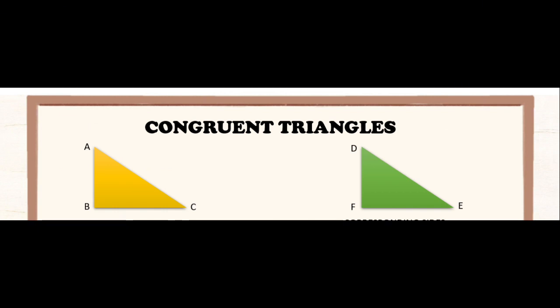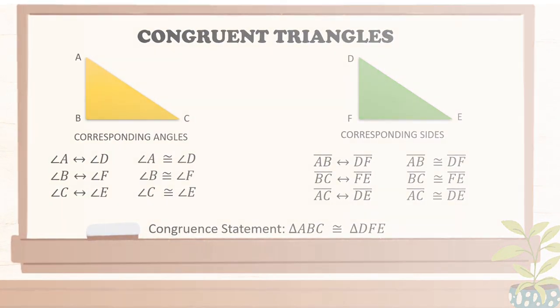Based on the given corresponding angles and sides, we can say that triangle ABC is congruent to triangle DFE. Again, make sure when you are writing a congruent statement, it should be the correct order of your vertices. The corresponding angles and sides are in the same order.